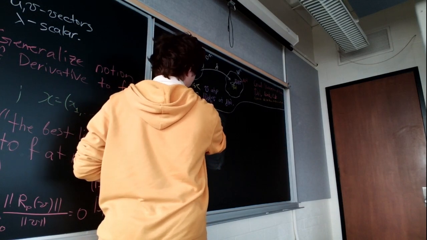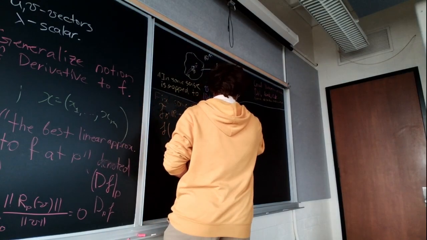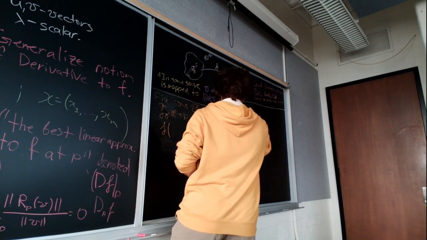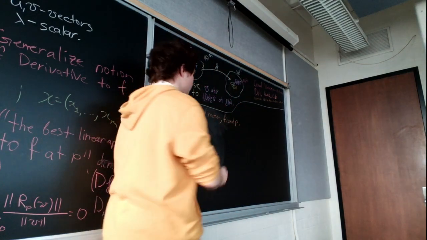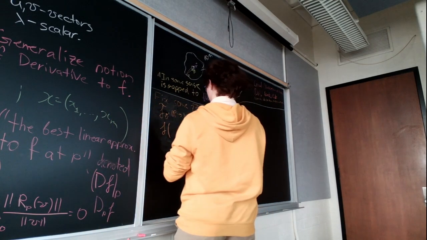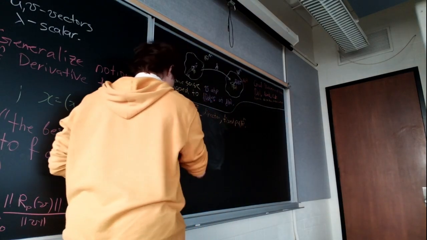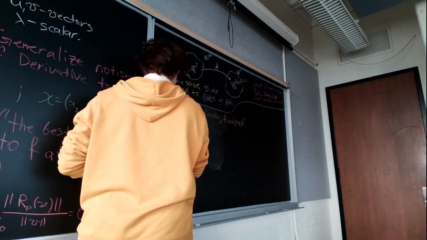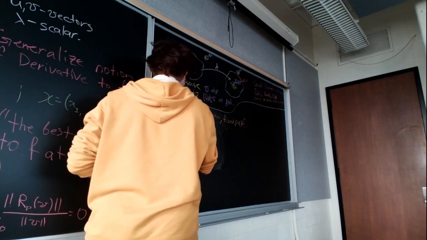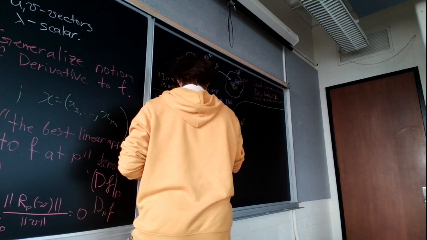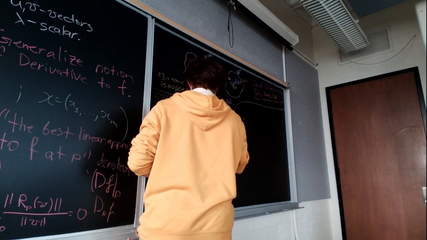So fix some direction v. We previously were computing the derivative at some point p. We've already fixed this: p in R^m, and v is also in R^m. So now, as a function of t, it is just going to be f of p plus tv.